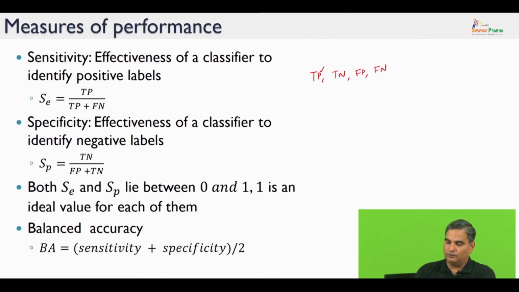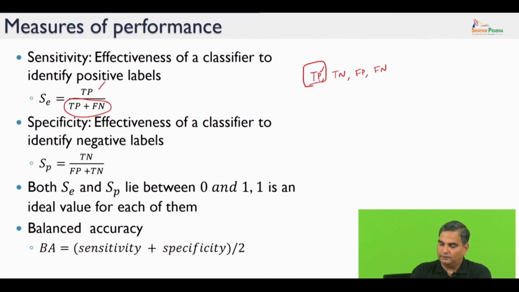So, this is when the classifier identified positive labels, and that goes into the numerator. We want the effectiveness in identifying positive labels, so of all the positive labels that were in the data, how many times did my classifier correctly identify positive labels. So, the denominator has to be the total number of positive labels in the data.